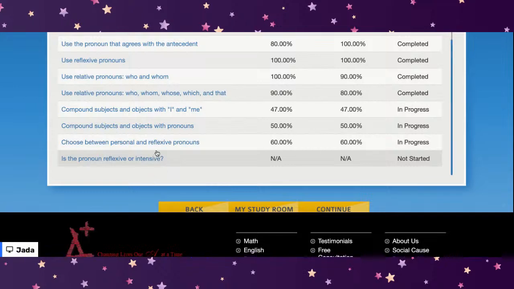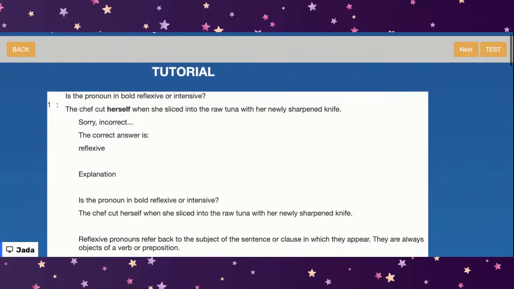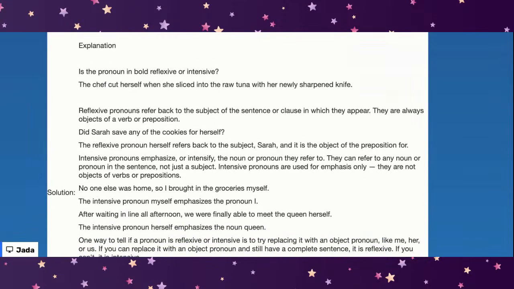Okay, so a reflexive pronoun refers back to the subject of the sentence in which it appears, like I've said previously, while an intensive pronoun emphasizes the noun or pronoun it refers to. They can refer to any noun or pronoun in the sentence, not just the subject.